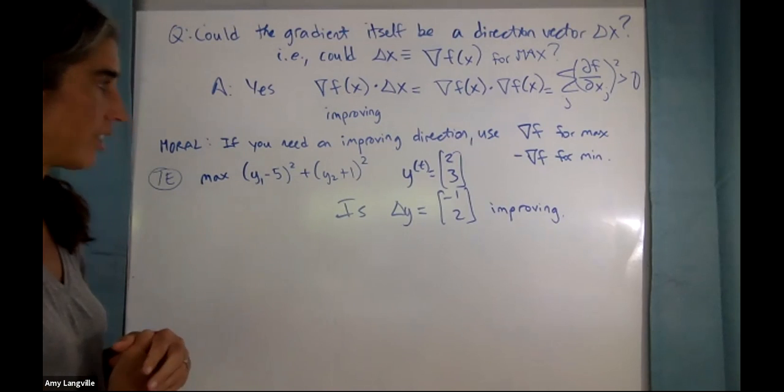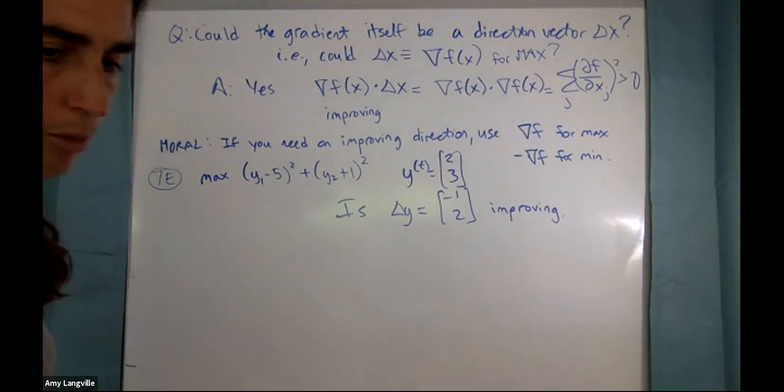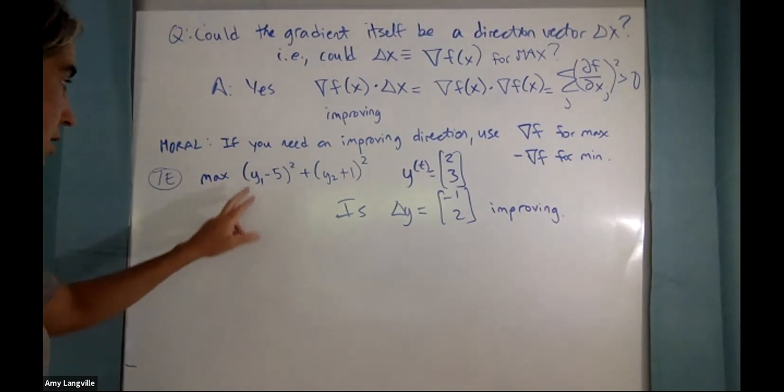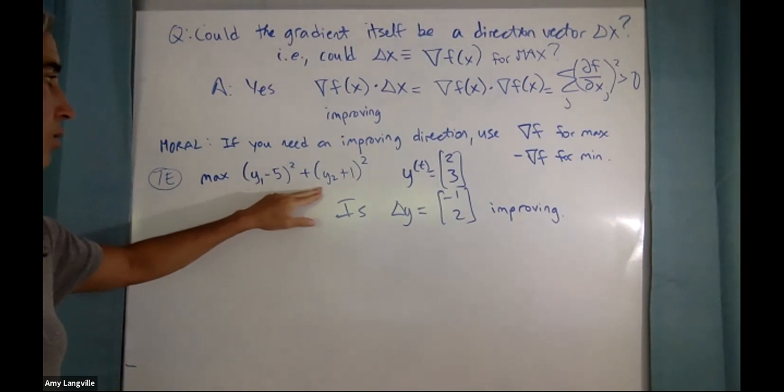Okay, we're going to work a couple examples now. He breaks it down for us and gives us some facts here. This is baby steps into the problem. This one is number 7E at the end of the chapter, and he's saying maximize y1 minus 5 squared plus y2 plus 1 squared.